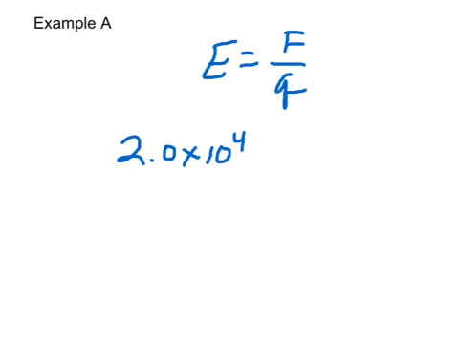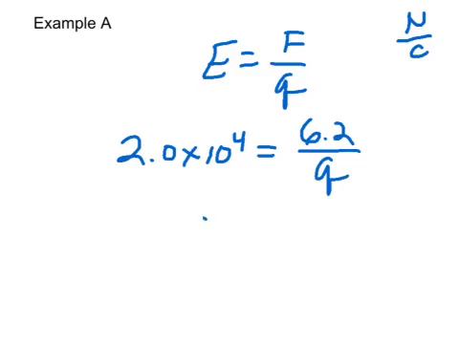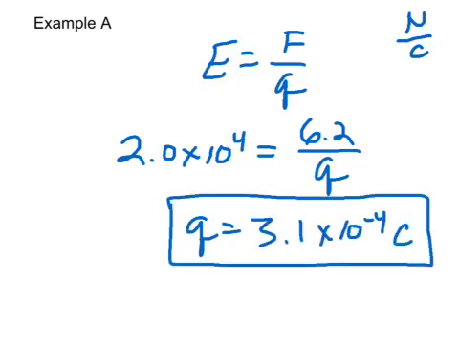I'm not sure if I mentioned that before, but the units of electric field are the newton per coulomb. The force on the test charge is 6.2 newtons, and we want to know the size of that test charge, and it ends up 3.1 times 10 to the negative 4 coulombs.